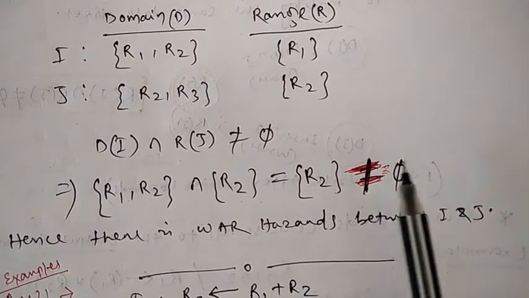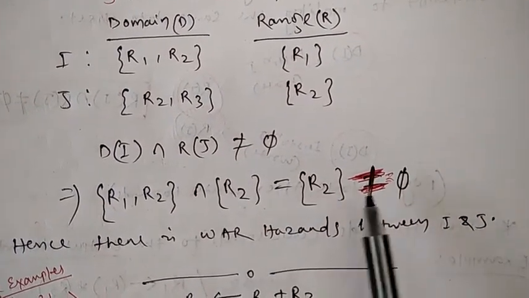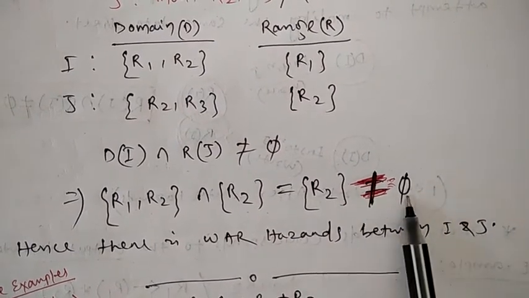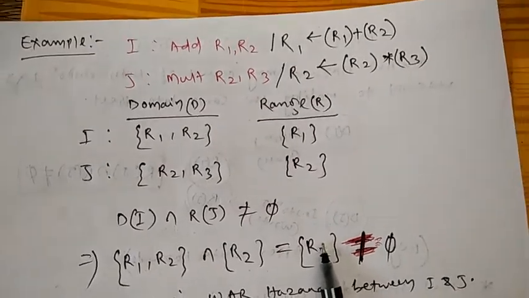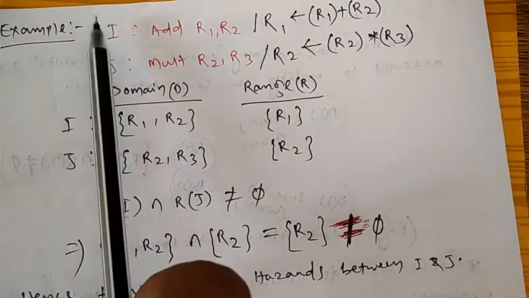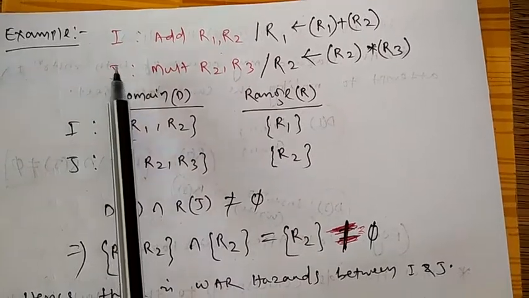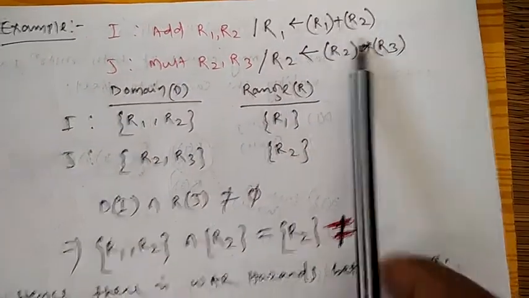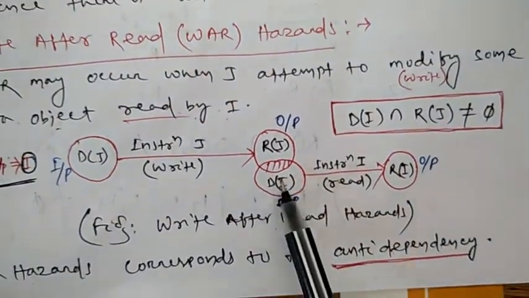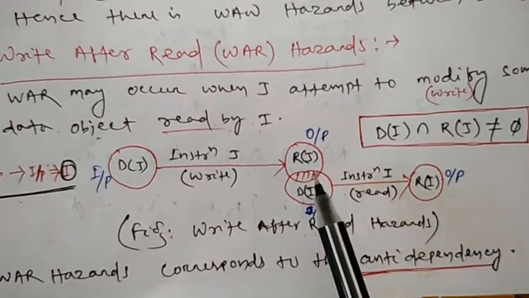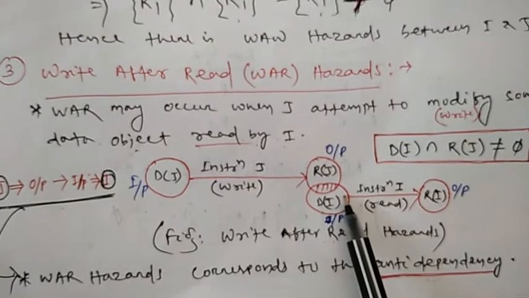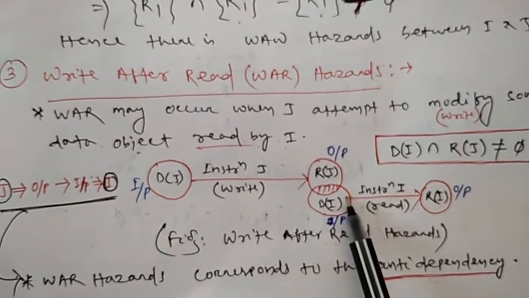If it is equal to null, or if there is no common element, then you can say no hazard is there. But here there is a common element, r2. Both instruction I and instruction j are trying to access the r2 value at the same time, as per this diagram, which is creating write after read hazards.